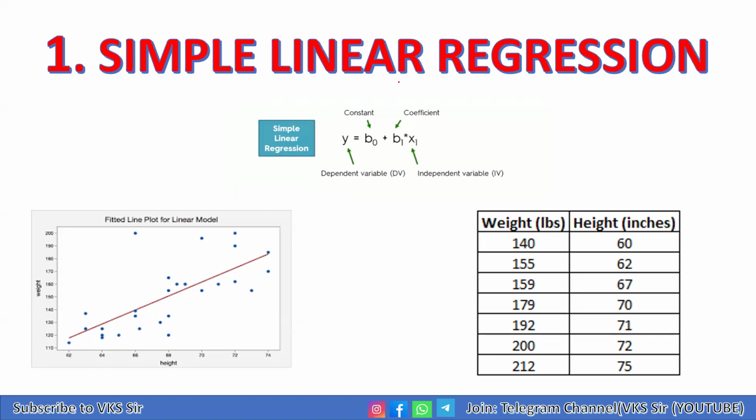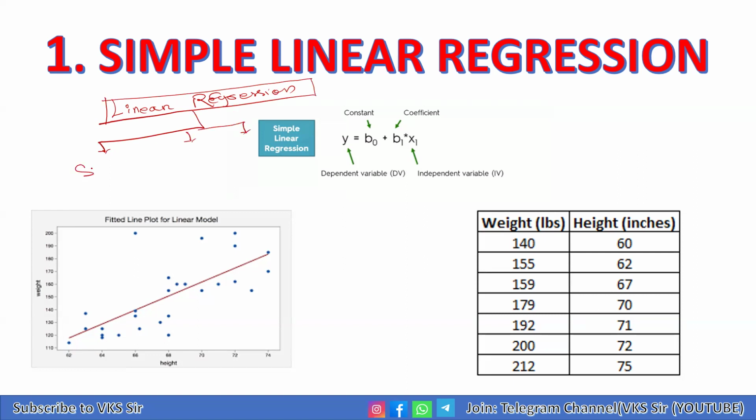In this video, we are going to discuss all about simple linear regression. So, what exactly is the meaning of simple linear regression? First of all, this is the first linear regression algorithm. Whenever we talk about linear regression, it is split into three types.